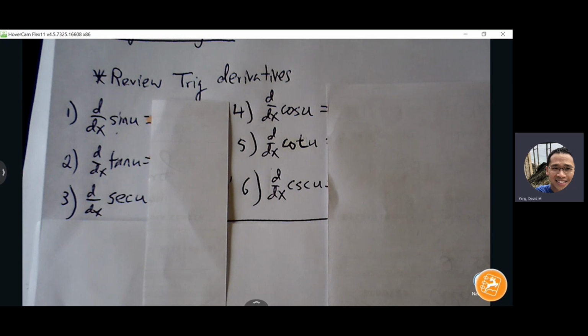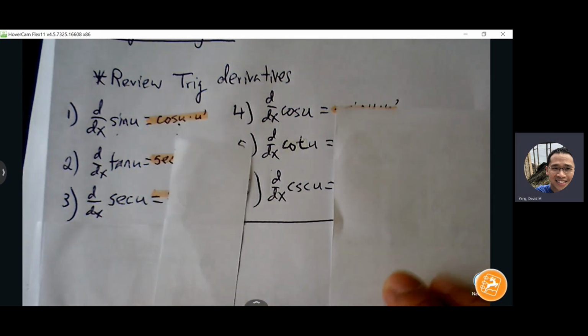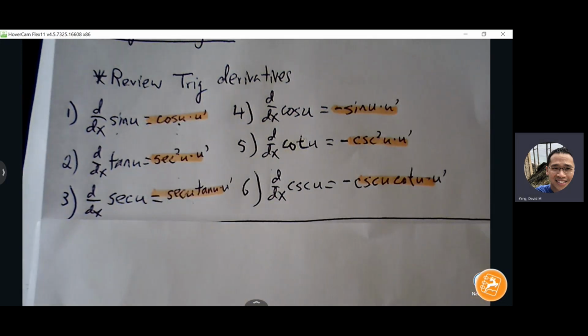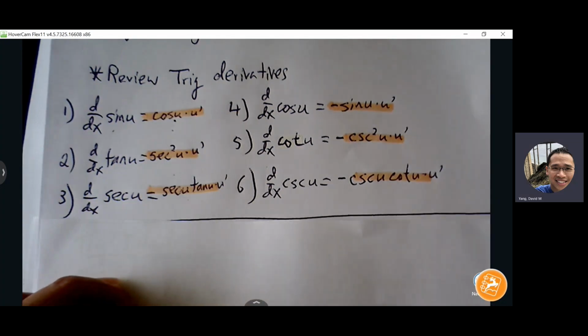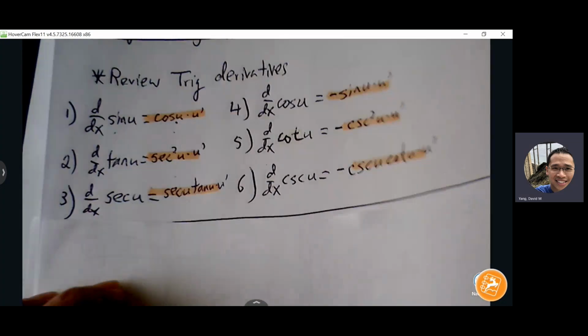Okay, so if we have these rules in front of us, this is all we need to answer the questions that we're going to do here tonight.